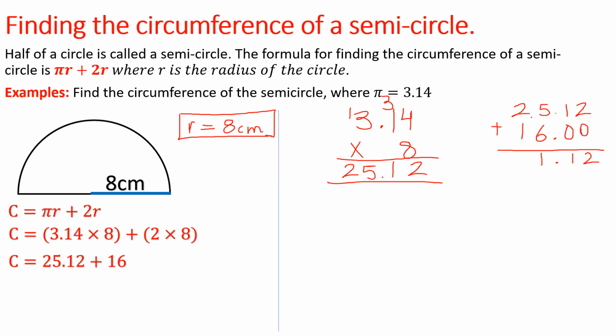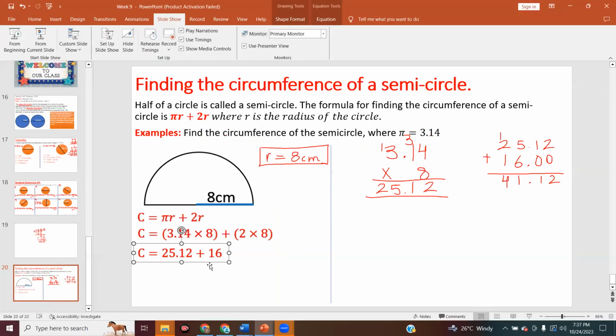Put the 1 down, put the 1 above. 2 plus 2 is 4. So the answer is 41 point what? 41.12. Very good. So the answer is 41.12 centimeters. All right. Good.